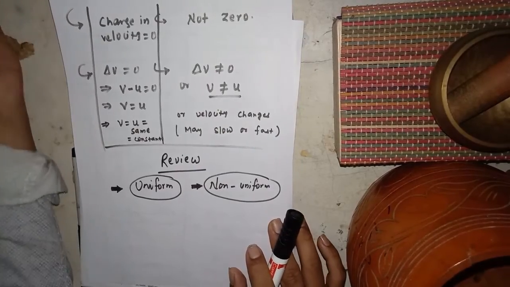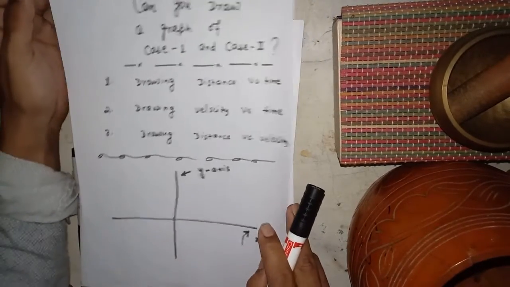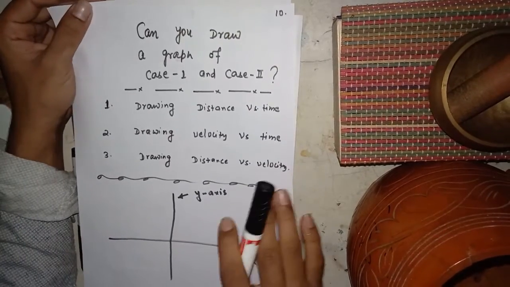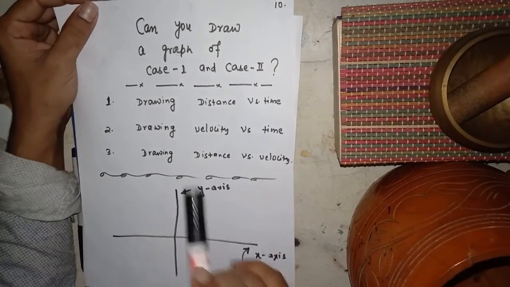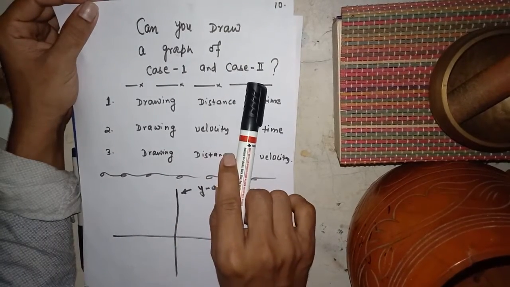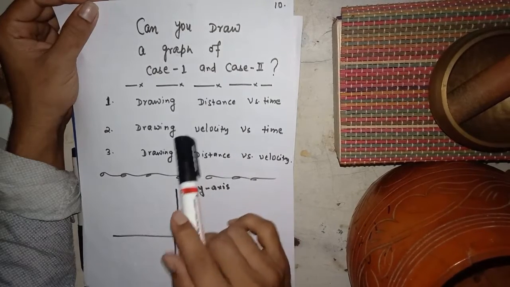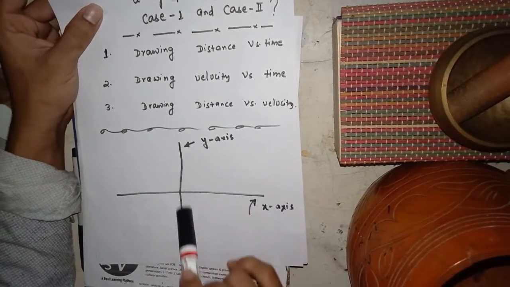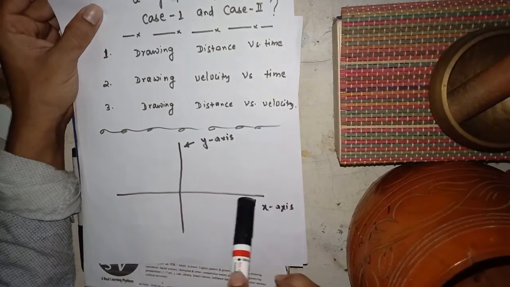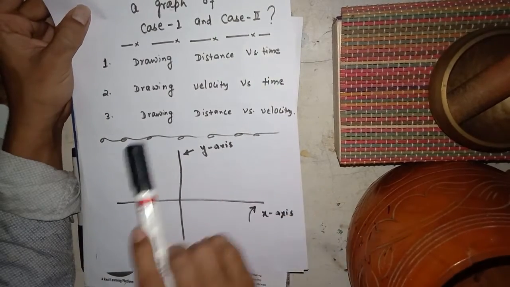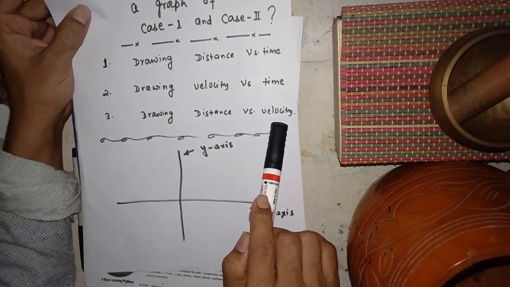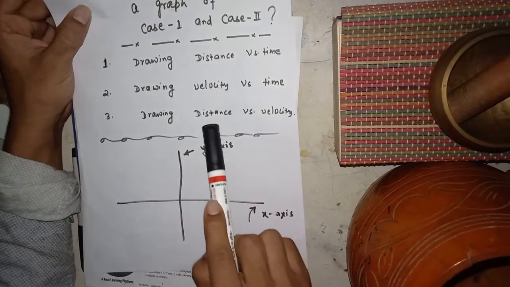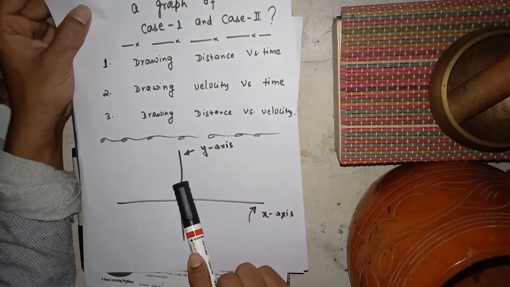But before this, I am giving you a task. You must try at your home for your deep understanding of kinematics. Can you draw a graph of case 1 and case 2? You have already studied graphs in the previous class: you have to take a y-axis and an x-axis. On the x-axis you have to take time, or velocity in the third case, and on the y-axis you have to take distance in the first case and velocity for the second case, and distance for the third case.